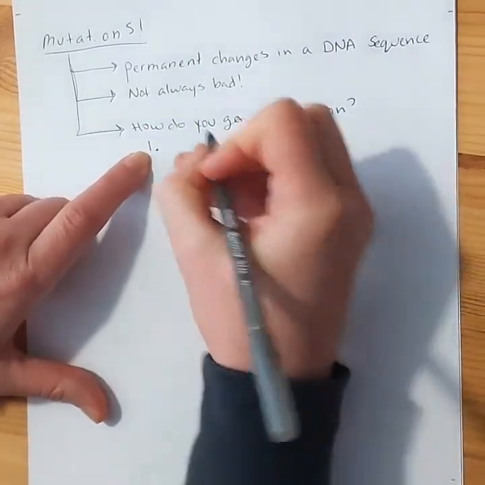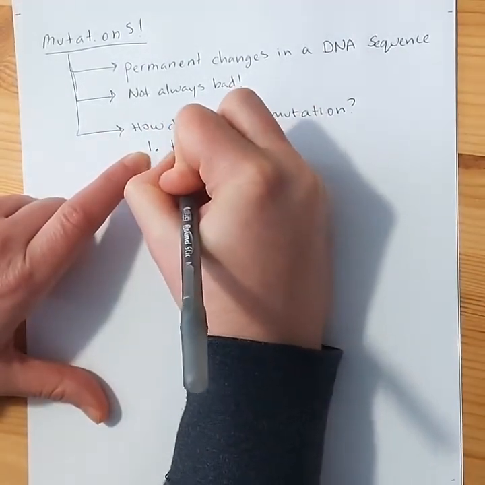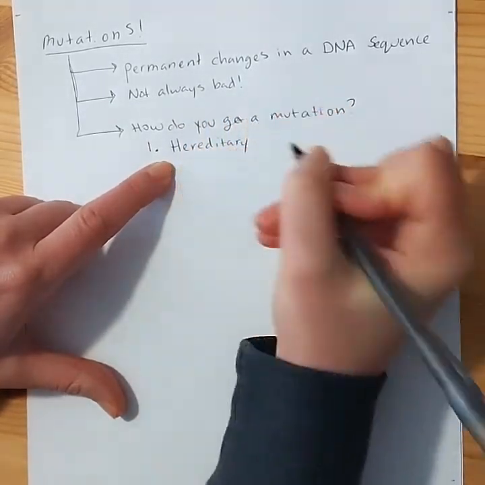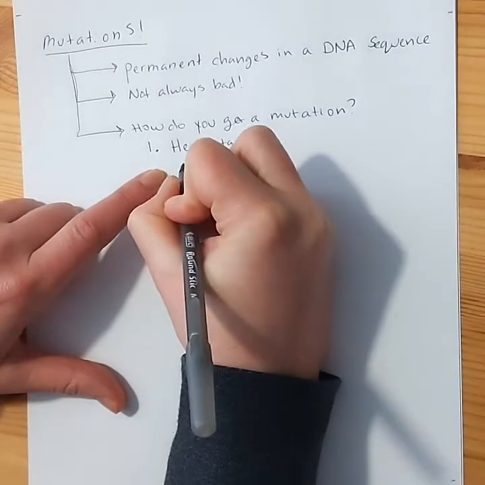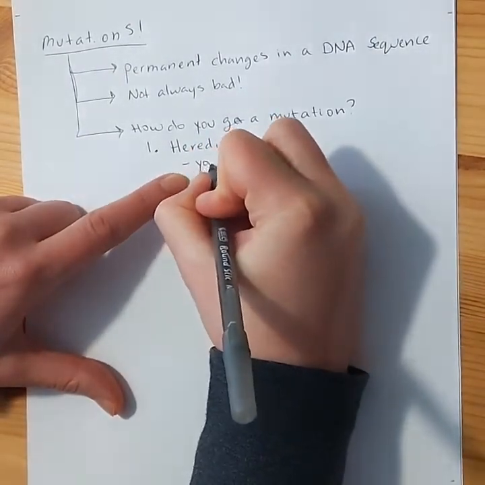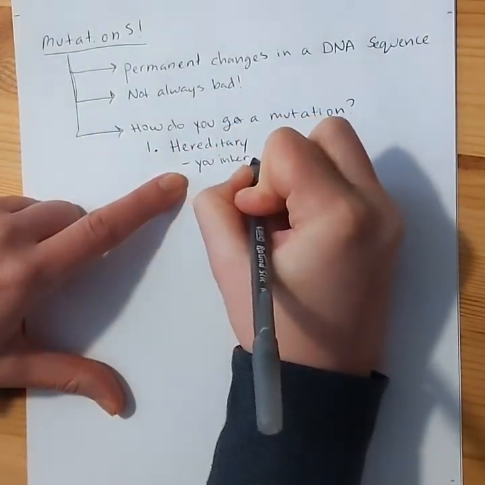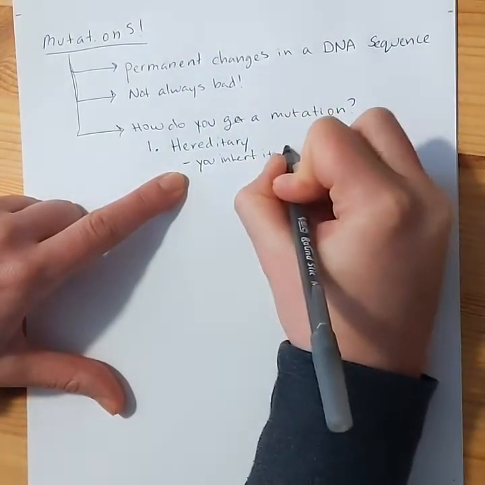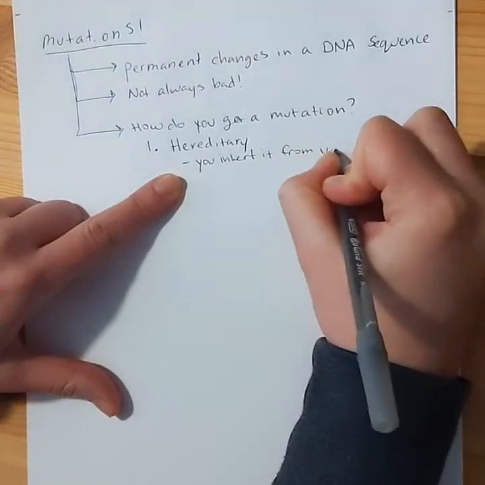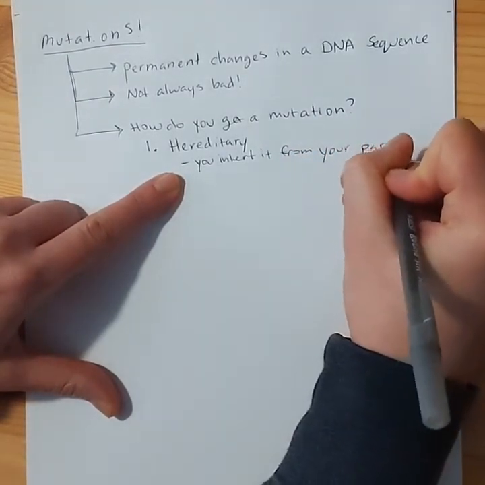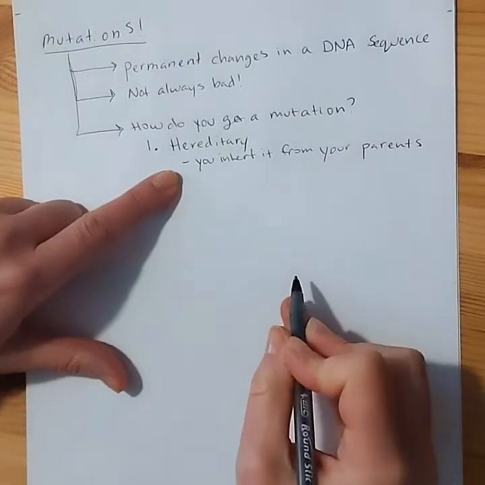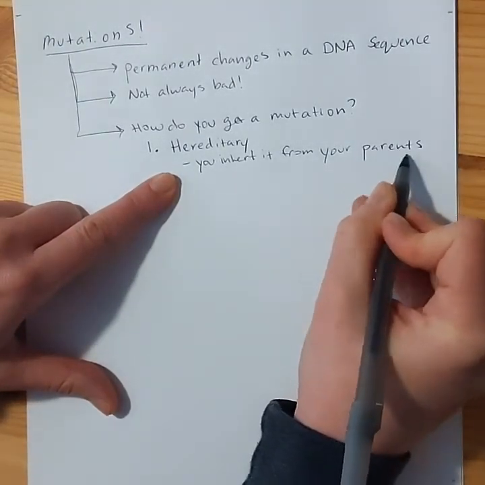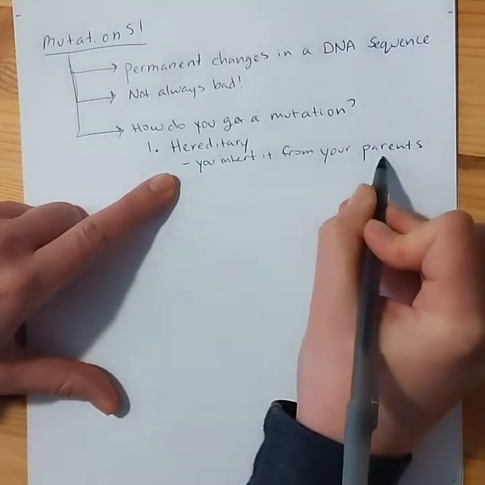One way that you can get a mutation is it can be hereditary. When something is hereditary, that means you inherit it from your parents. If you're inheriting it from your parents, that means that it was in your parents' sperm and egg.